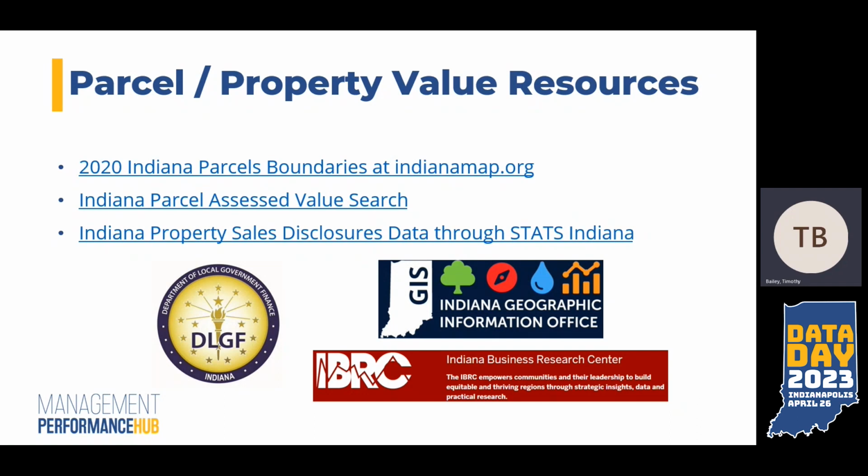And then Indiana Parcel Assessed Value Search is available through Stats Indiana, and that is maintained through the Indiana Business Research Center, the IBRC. So you can search for individual assessed values, and then sales disclosure data is also available through Stats Indiana, and that is provided by the DLGF.